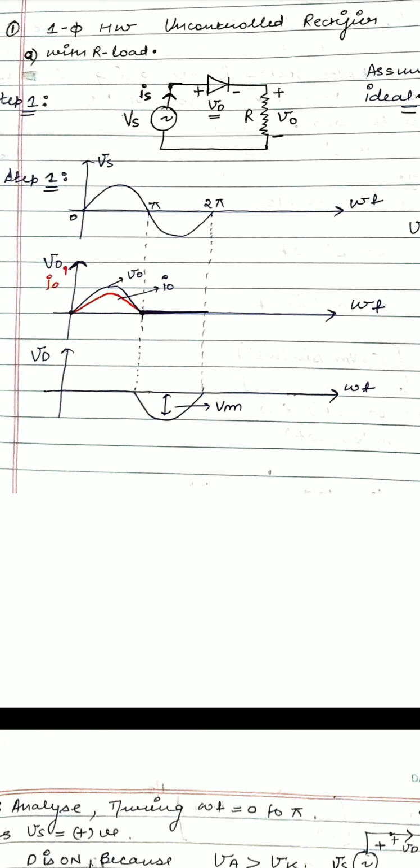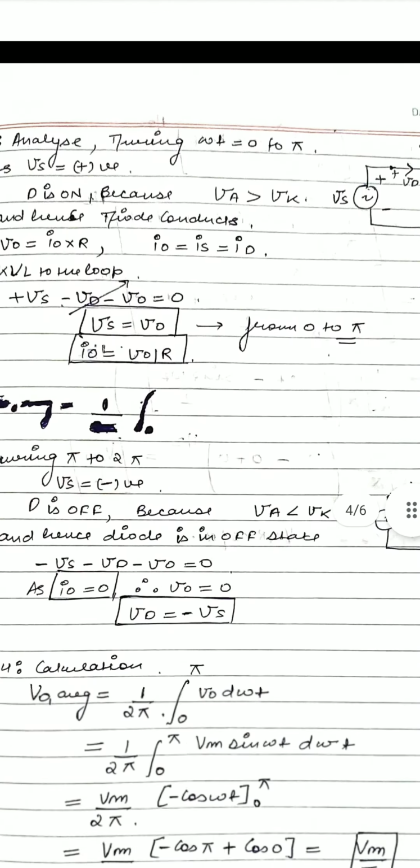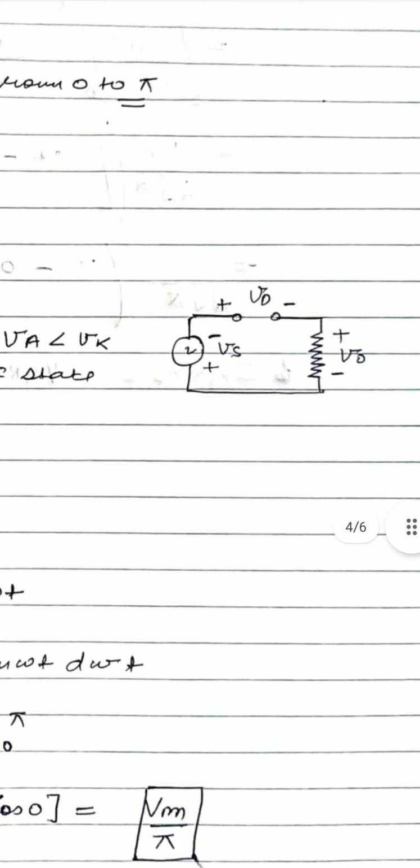So therefore the diode will not conduct. As we are considering an ideal diode, no current will flow. This means from pi to 2 pi we can replace it with an open circuit, because the diode will not conduct.